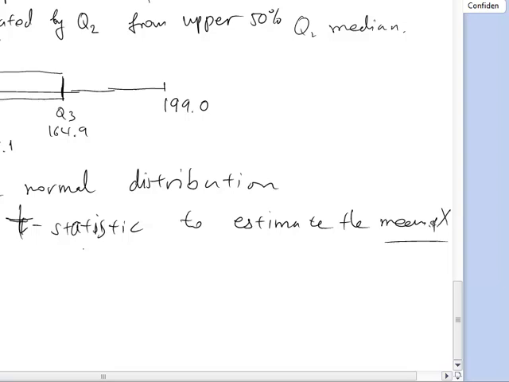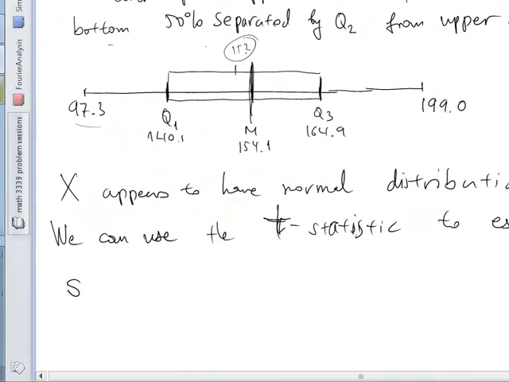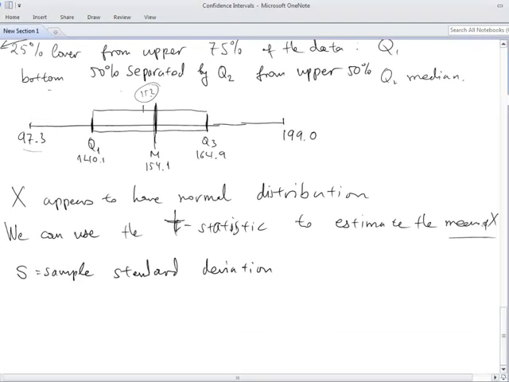Now, what do you need to compute the t-statistic? Well, an essential calculation uses the sample standard deviation, S. And to calculate the sample standard deviation, you take the sample variance, which is S squared.